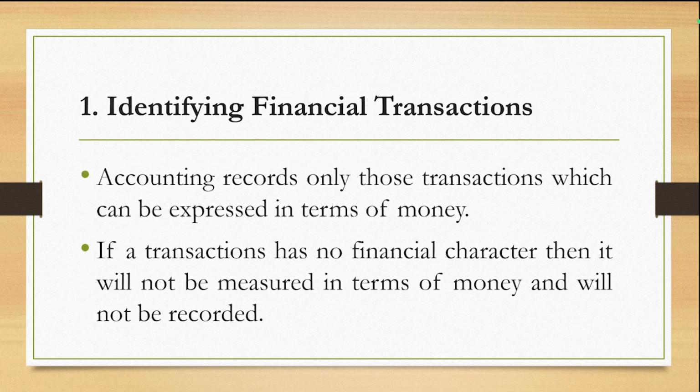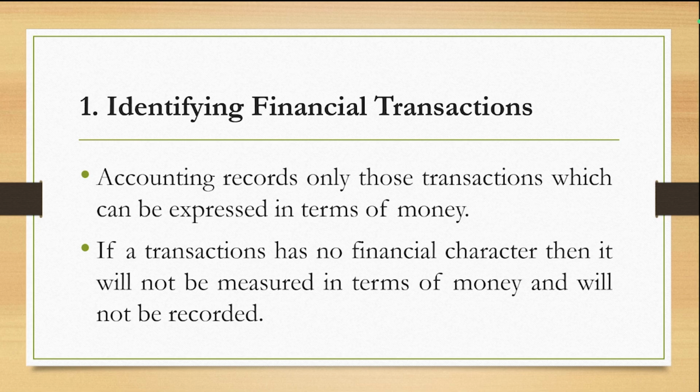If we talk about the scope, bookkeeping is concerned with recording and classifying of business transactions, and accounting is concerned with recording, classifying, summarizing, analyzing, and interpreting the financial data. Here, identifying financial transactions is important, because in financial accounting we need to record only financial transactions.